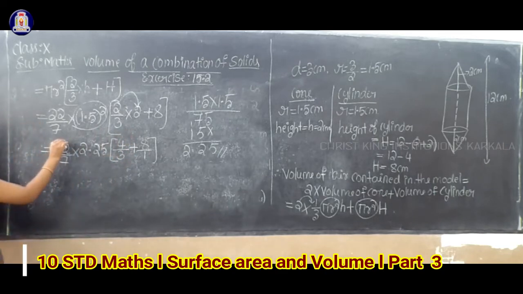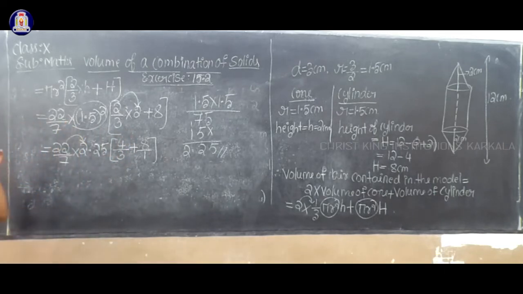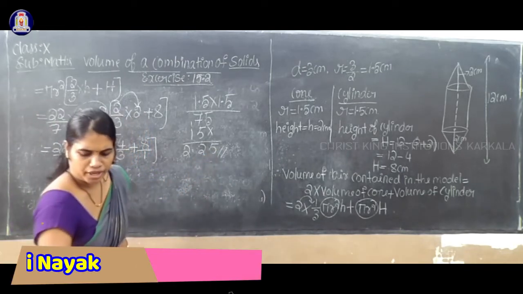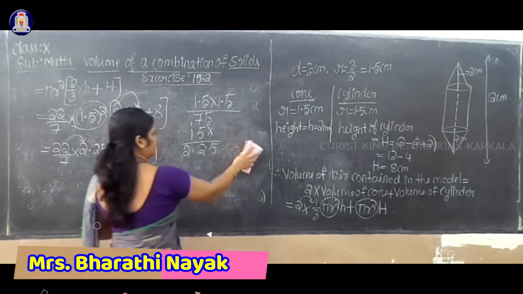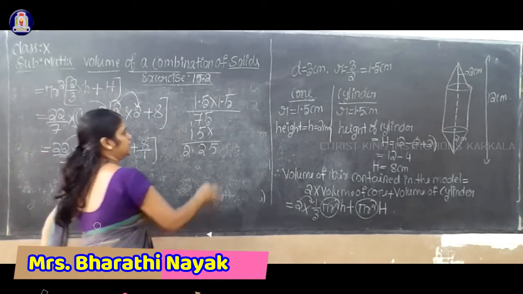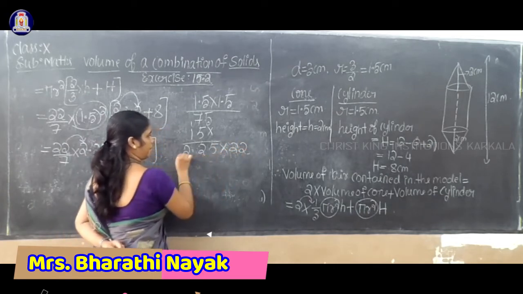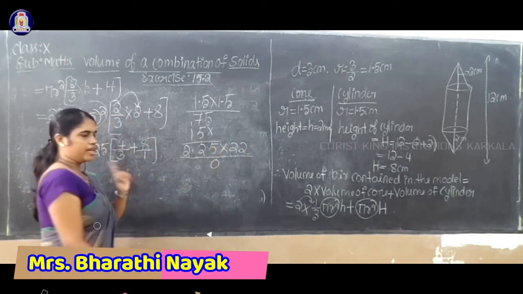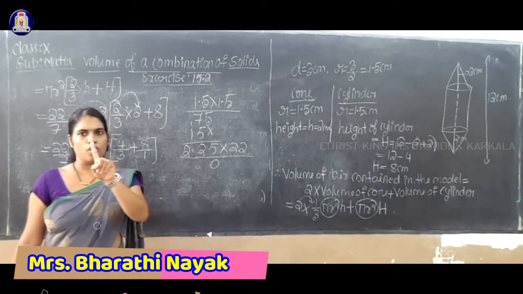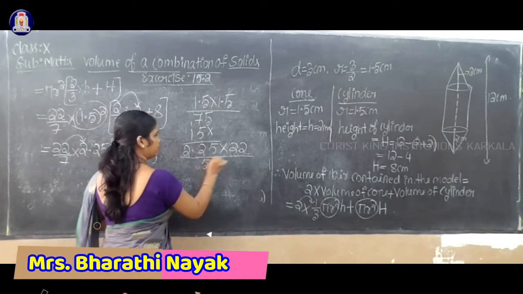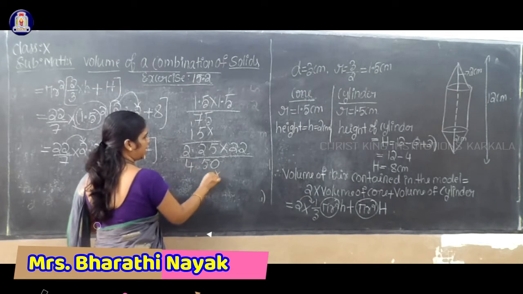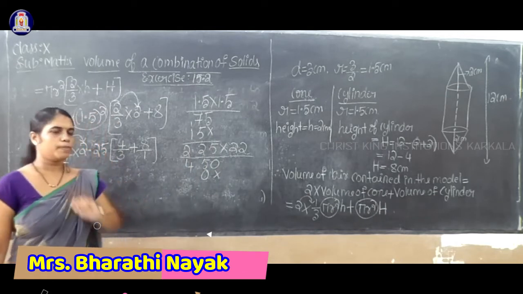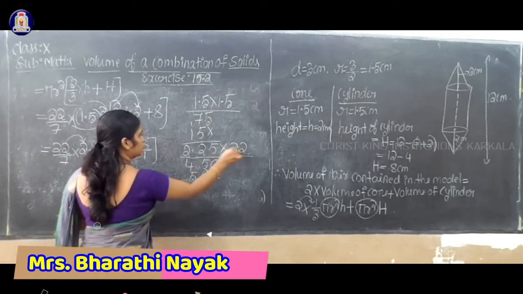First we'll write here. Okay, and multiply 22 into 2.25. Okay, so how much will you get? 2 5s are 10, 1 carry, 2 2s are 4, 4 plus 1 how much? 5, 2 2s are 4, again 2 5s are 10, 1 carry, 2 2s are 4, 4 plus 1, 5, 2 2s are 4.